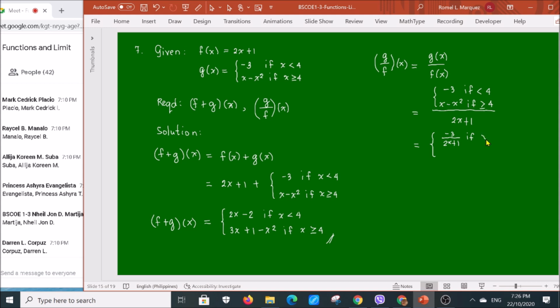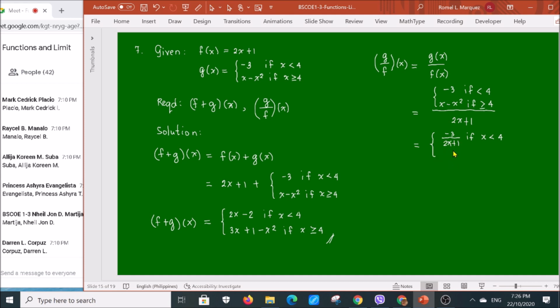But the problem is, you will be encountering a value that is less than 4 that will make the denominator 0. Because we have 2x plus 1 in the denominator. So, negative 3 over 2x plus 1, the denominator will become 0 if x is what, guys? What do you think?